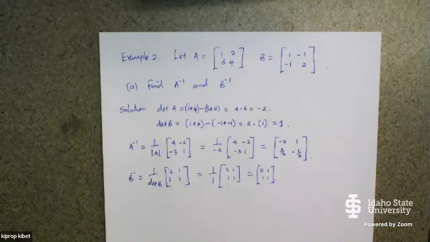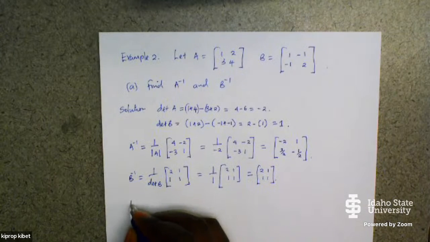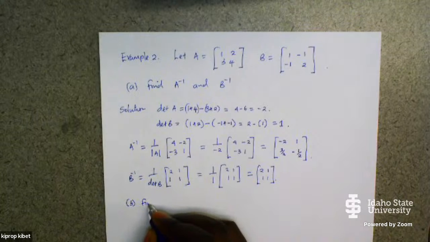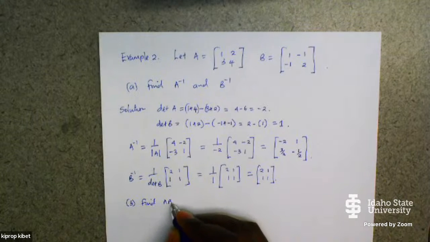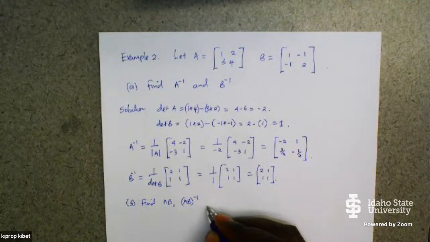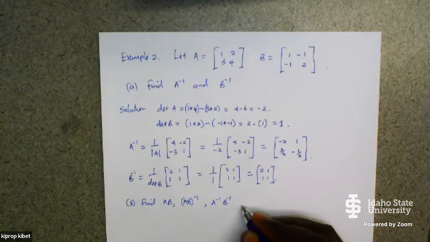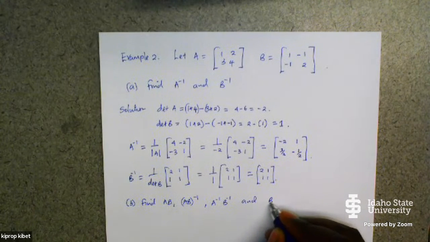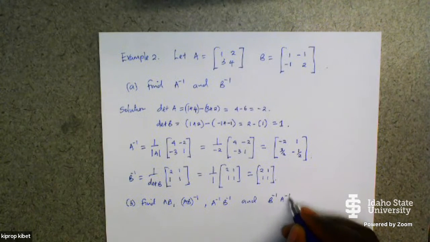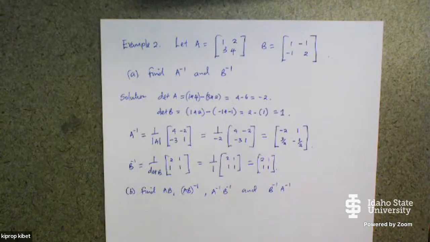Okay, part B. Find AB. Also find AB inverse, and also find A inverse B inverse, and B inverse A inverse. Let's find those. So AB, you just multiply the two matrices.